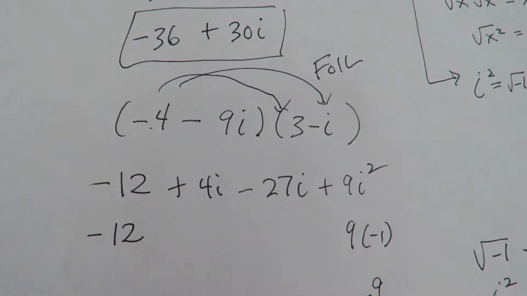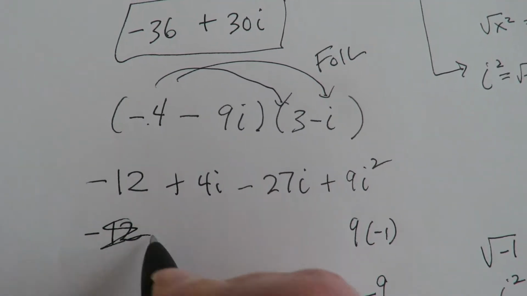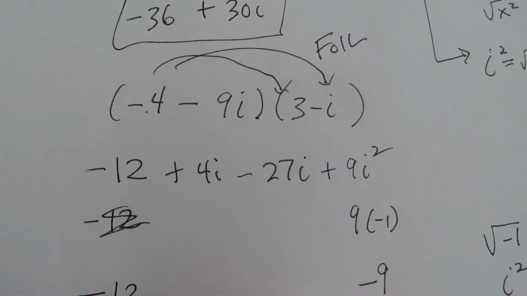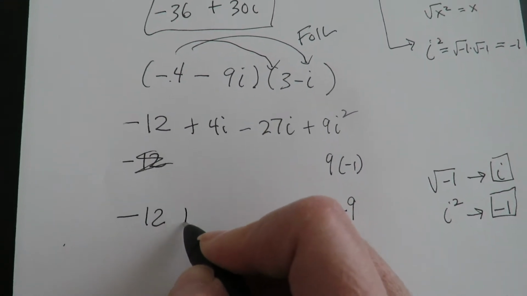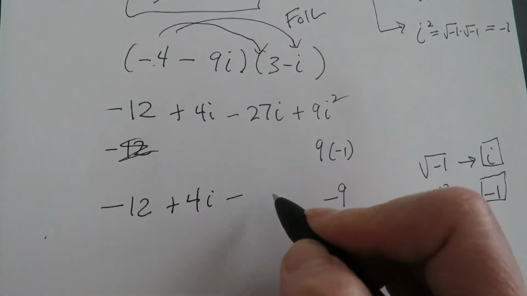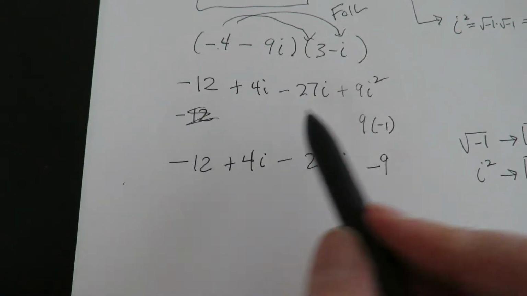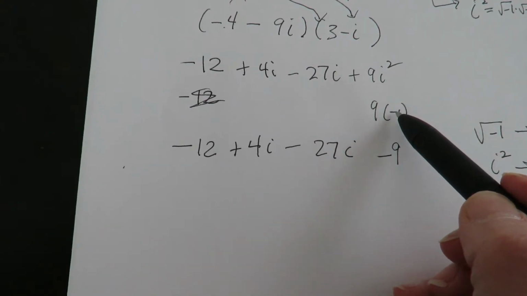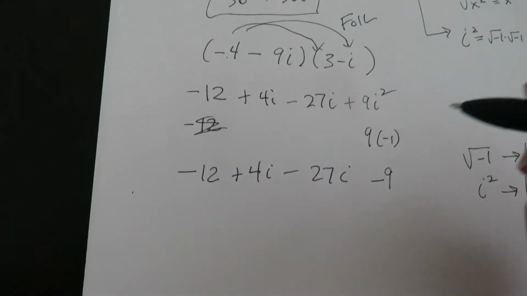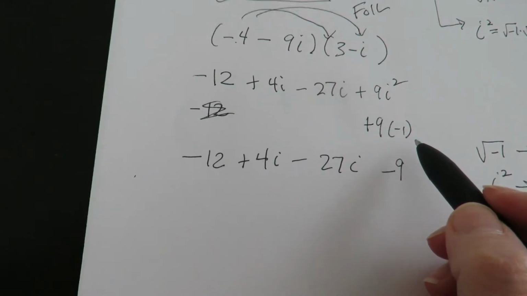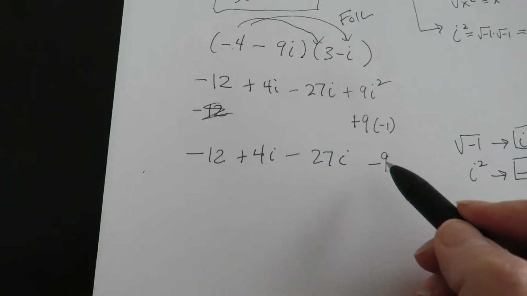And then let me just pull everything down. Negative 12 plus 4i minus 27i. Okay, so we FOILed, we simplified the i squared to a negative 1, so the positive 9 times the negative 1 made a negative 9 overall.